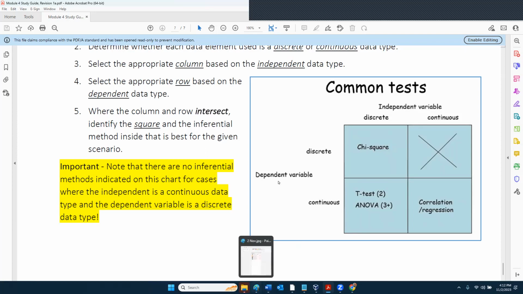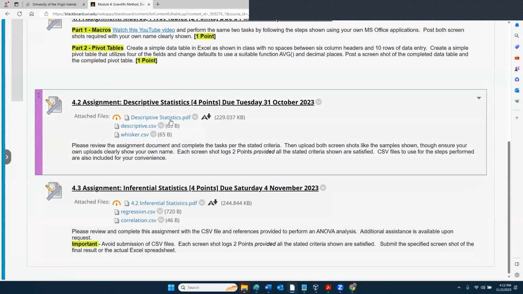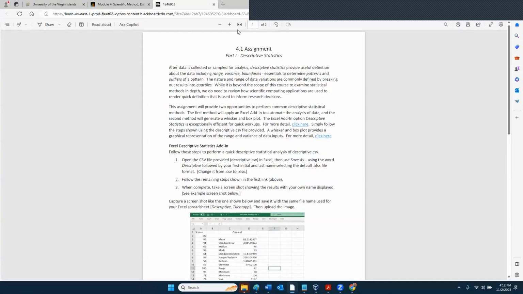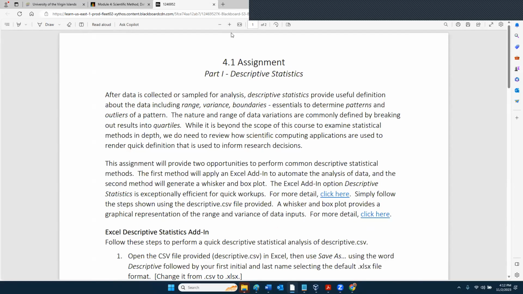No. Okay. In your two assignments, one of the things I wanted to tell you about this descriptive statistic assignment is that when you read it, you'll find out that it's very, very specific. Have we talked about this yet? I think we've mentioned a few things about it.